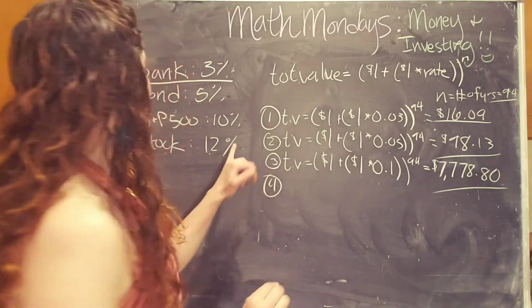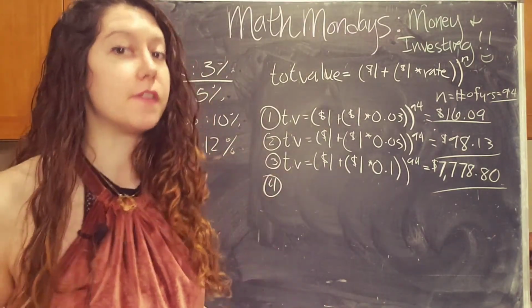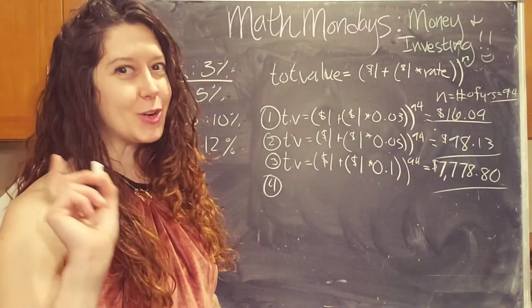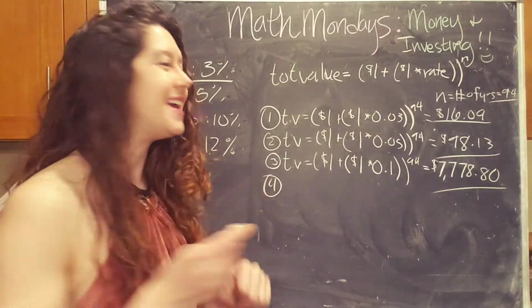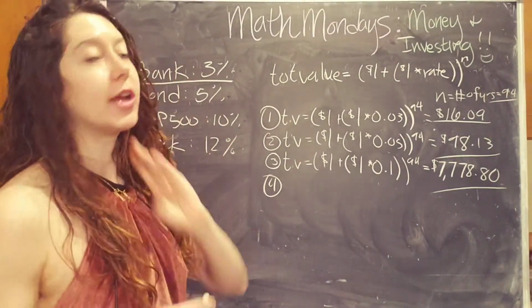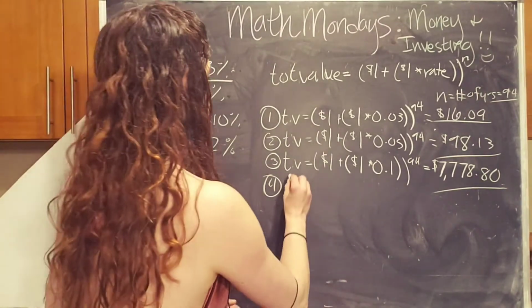Now, let's look at the most risky option, investing in an actual stock for a specific company. Assuming you did your proper research and the company that you invested in still exists, yay! You would expect an average annual rate of return of about 12%, and this is based on actual data from the US.